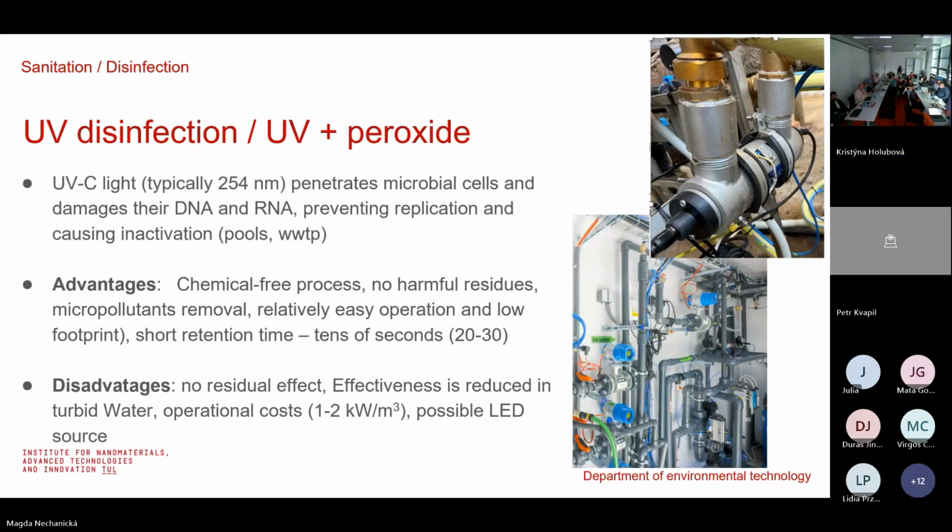Another method for microbial contamination is UV disinfection, especially with UVC light. It's feasible, and the main advantage is that we can apply it without any chemicals, just on the site. The most important disadvantage is that cost effectiveness is low, because operational cost goes to energy, and the consumption is really high.